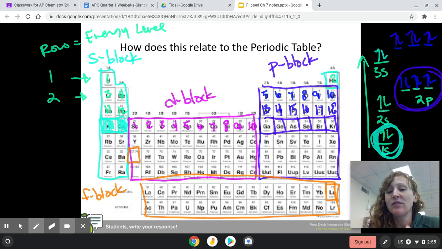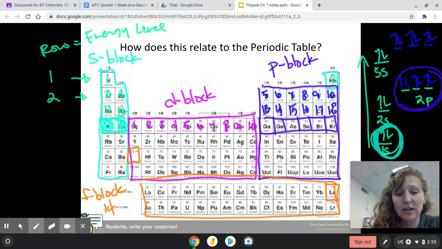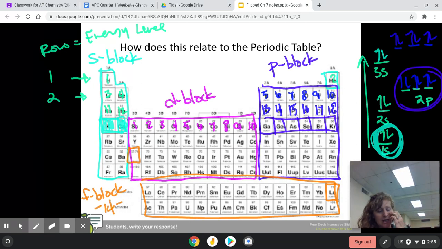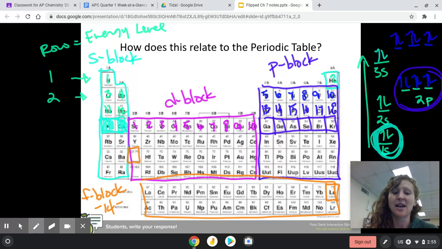So not everybody sets up their periodic table with the SPDF blocks in mind. If they do, then you'll get 14 down here in the F block. If they do not, then you might get 13 or 15 down here. Everyone kind of has their own industry and their own purpose for the periodic table and why it's useful to them. So everybody might set it up a little bit differently anyway.